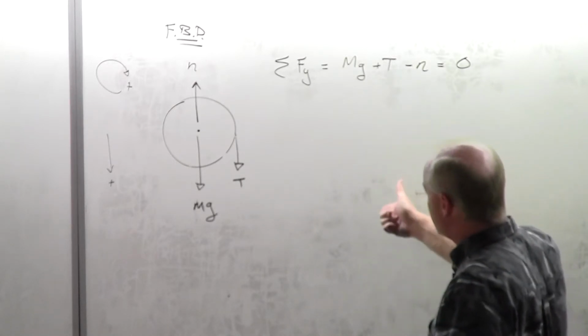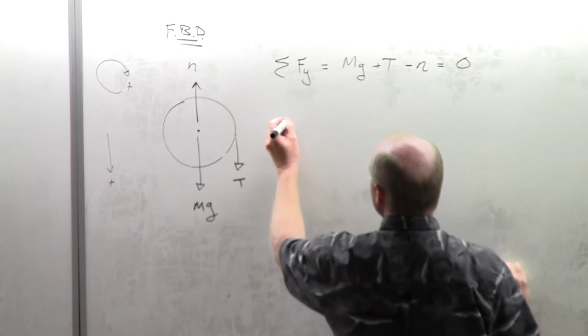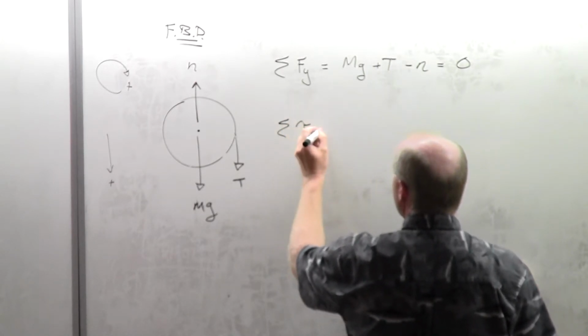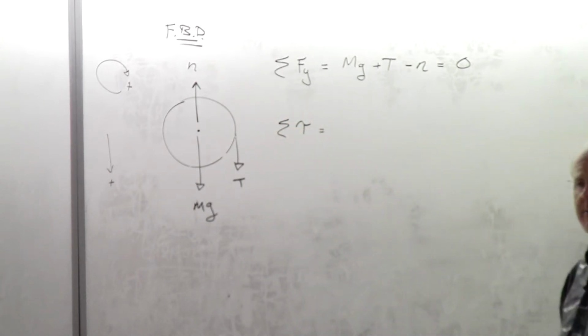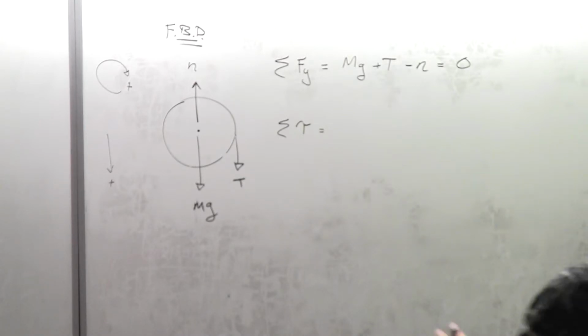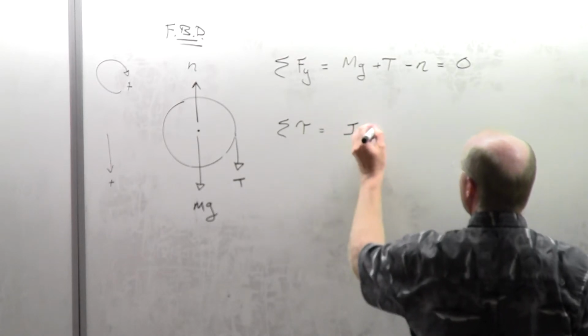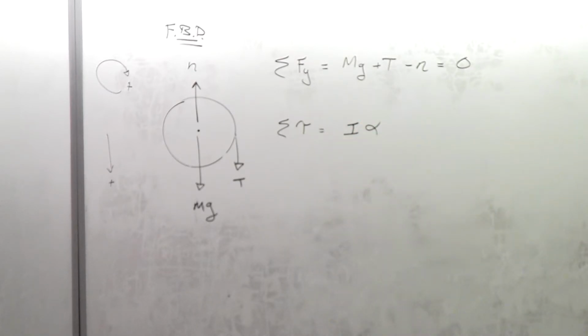And although that's true, it's really this new one. What does the sum of all the torques have to equal? If the sum of all the forces has to equal ma, the sum of all the torques has to be I alpha.